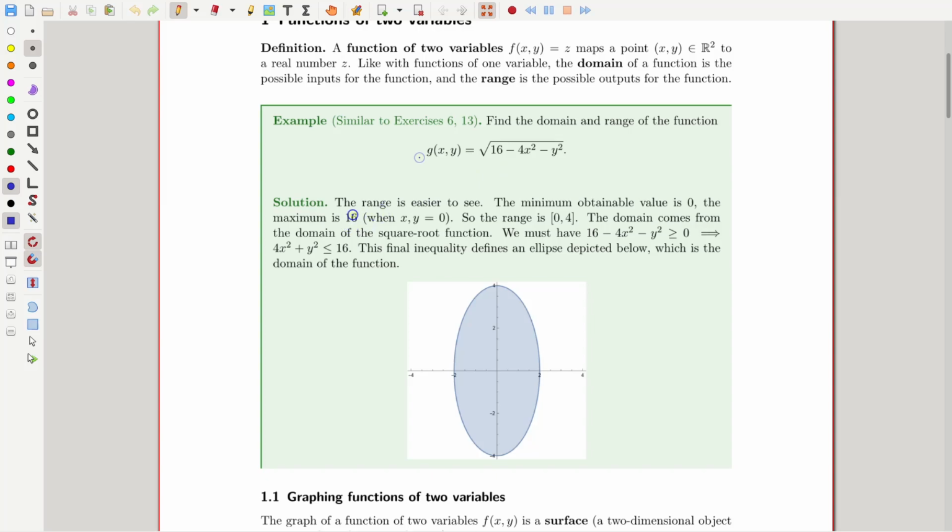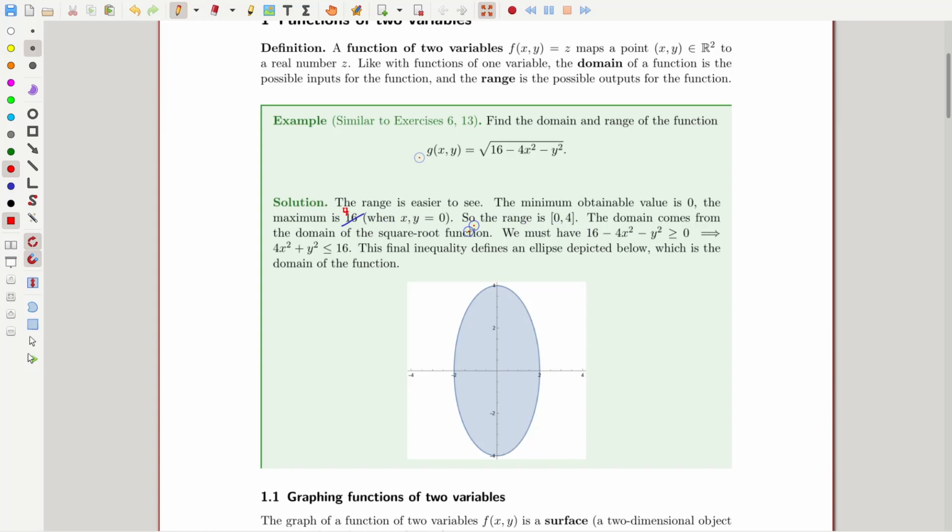Oh, okay, so that's a typo. That should be 4. Okay, I'll just upload it like this. So the maximum that you get is 4, the square root of 16, when x and y are both 0. Okay, that's fine.